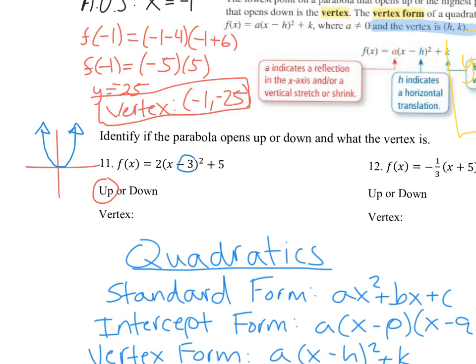This is your h value. This is your k value. Now, remember, the x's lie to you when they're on the inside. I know that says -3, but think of it in terms of the opposite. It's actually +3. And then your 5 is fine. It doesn't lie. And so that is going to be your vertex. So this is the answer for number 11.